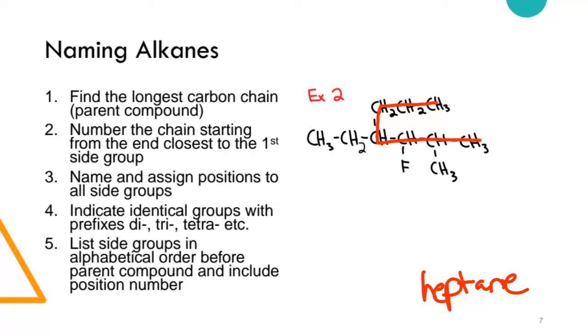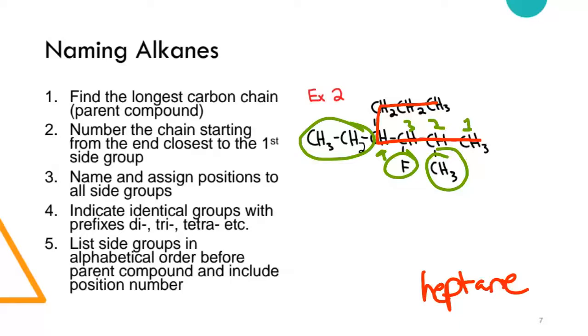Now I need to number on the side closest to the first side group, which should be on the right. Side group here, here, and here. So that right side is closer. So it's going to be 1, 2, 3, 4, 5, 6, 7.